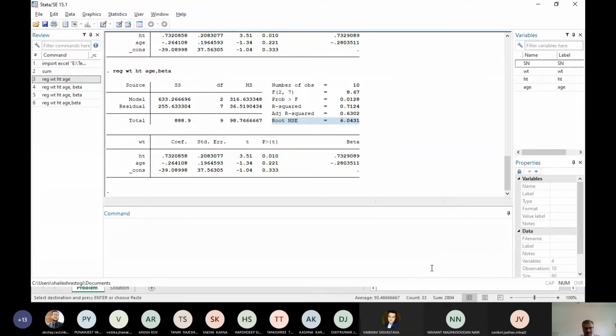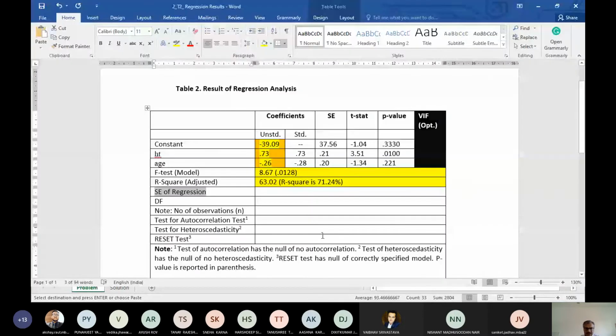What we call it is less important. Where it is to be captured, where it is to be reported, and what the interpretation is, these things are important. So when it comes to capturing the standard error of the model or standard error of regression, this is the place where it is reported, and you are supposed to take it and put it here, 6.04, 6.04, that's it.